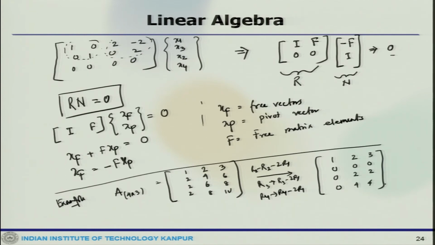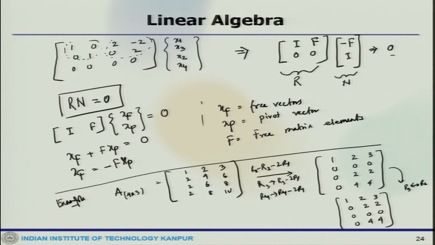Now, we do the exchange of rows, like R3 and R2, then what we can write is 1 2 3, 0 2 2, 0 0 0, 0 4 4, okay.